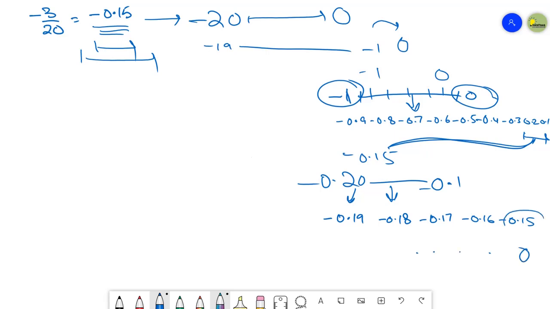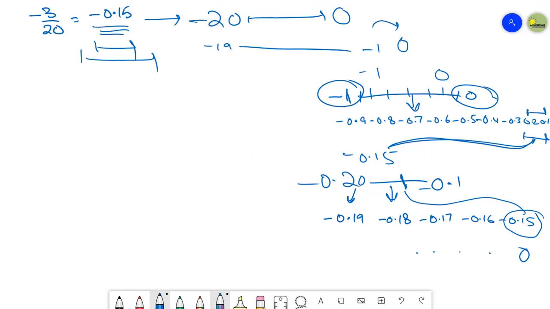Right? So this is somewhere going to be in between minus 0.2 and minus 0.1. So if you got the understanding of where the exact position of minus 0.15 is, it is going to be in between minus 0.2 and minus 0.1, right?